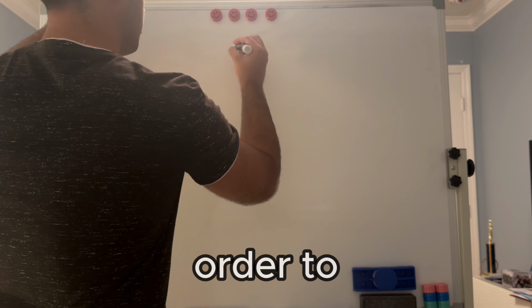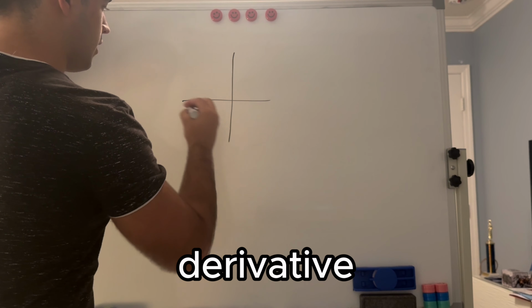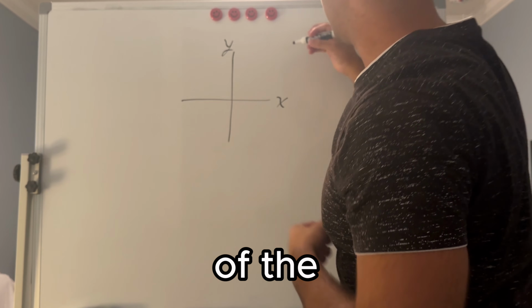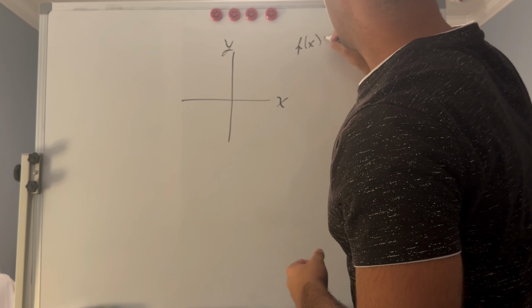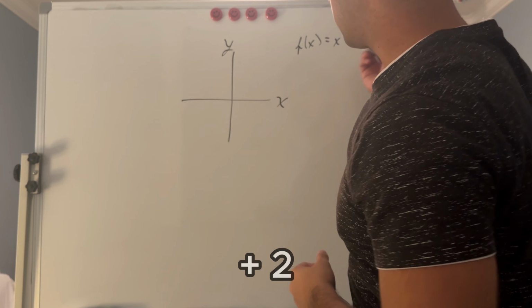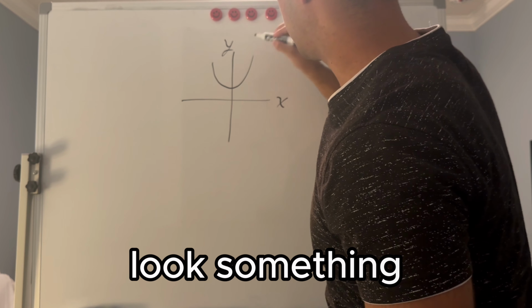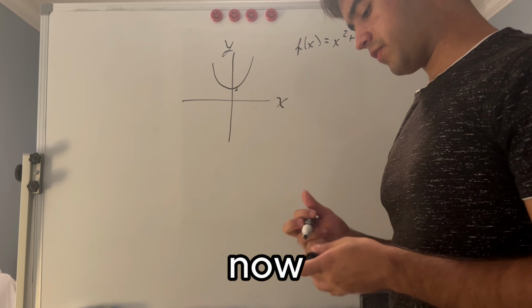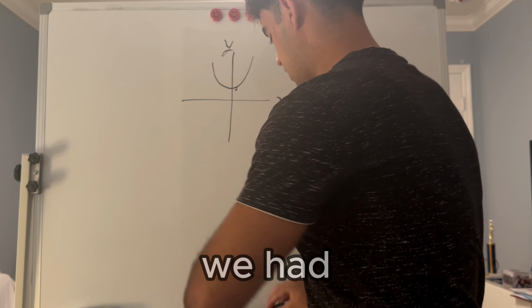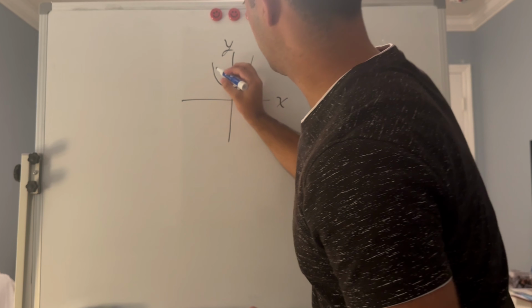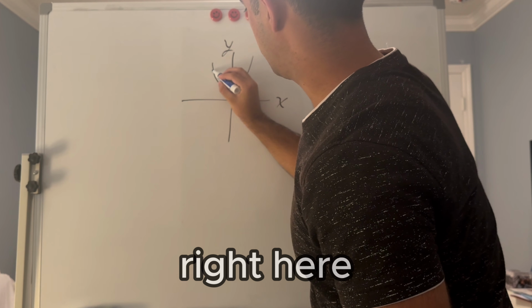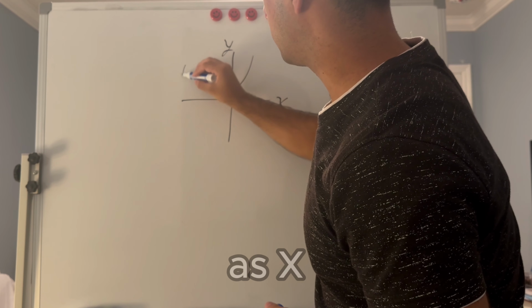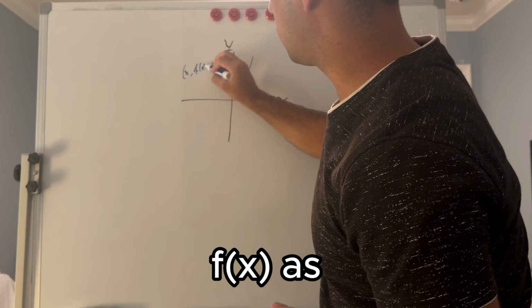So in order to visualize the derivative, I'm going to draw a graph of the function f of x equals x squared plus 2, which would look something like this. This is 2. Now, let's say we had 2 points on the graph, right here and right here, where this first point we'll label as x, f of x, as you normally would.